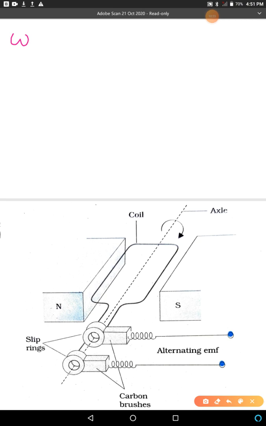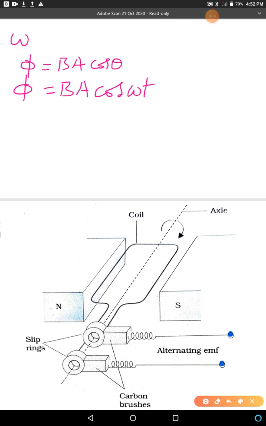The magnetic flux phi equals BA cos theta. At any instant t, theta equals omega t, where t is the time, so the magnetic flux through the coil is BA cos omega t.